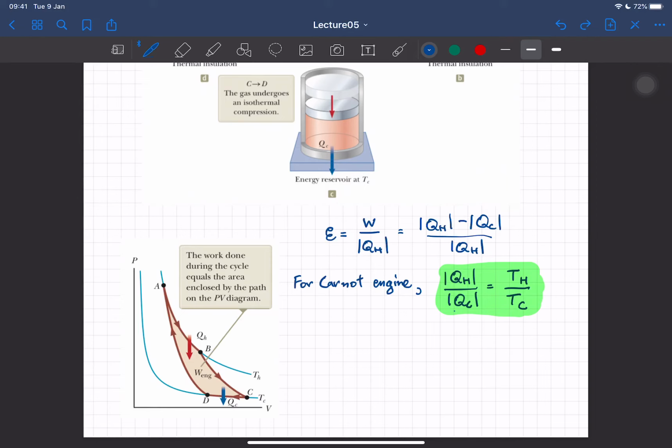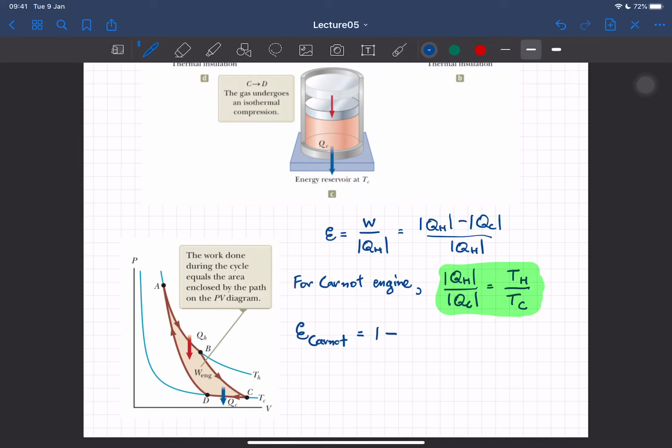But for Carnot engine, you have one more step that you can write down. So for Carnot engine, this is true. That means you can substitute this in and then write the efficiency specifically for Carnot engine, just a direct substitution. So I'm gonna do one step here.